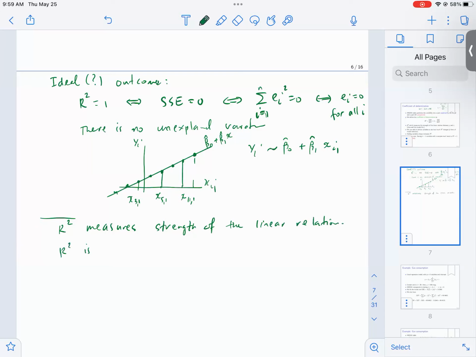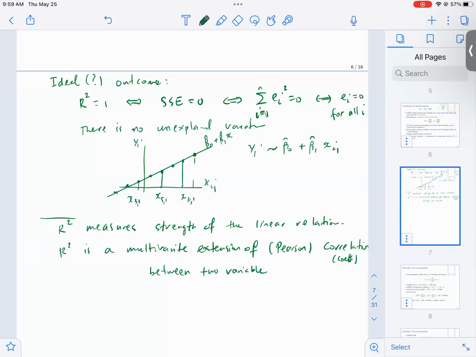R squared is like a multivariate extension of, let's say, the Pearson correlation coefficient between two variables. Here it would be between one variable and a bunch of other variables, so y and a bunch of x's. There is a lot more to it.